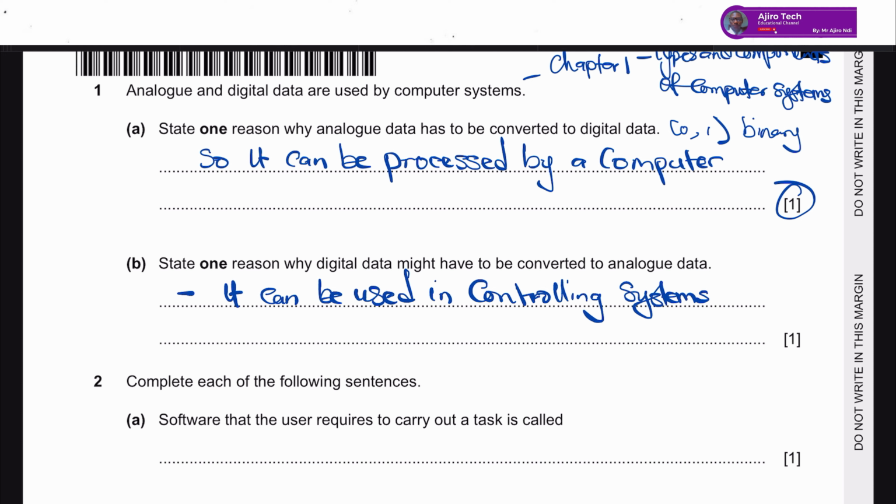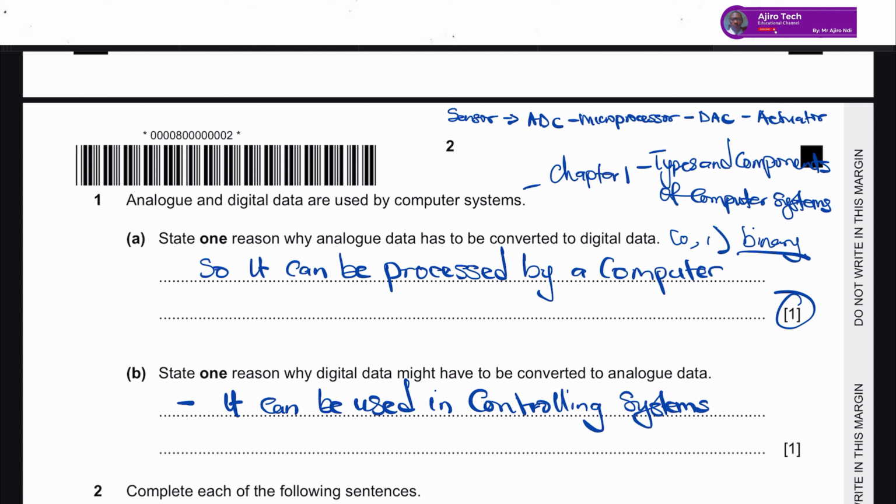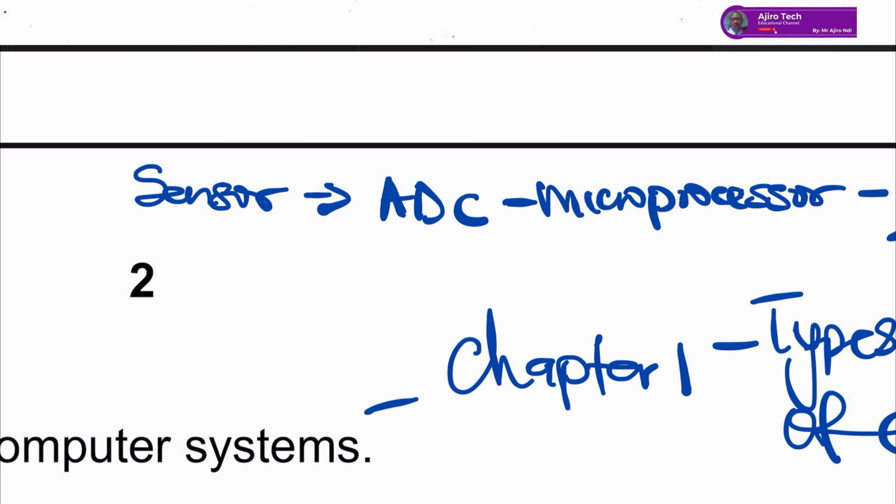If you're looking at other points, you probably see it as the fact that it can also be understood by the user, because the computer doesn't understand binary. So with the function of the DAC, this means analog to digital converter, that's what the ADC means.